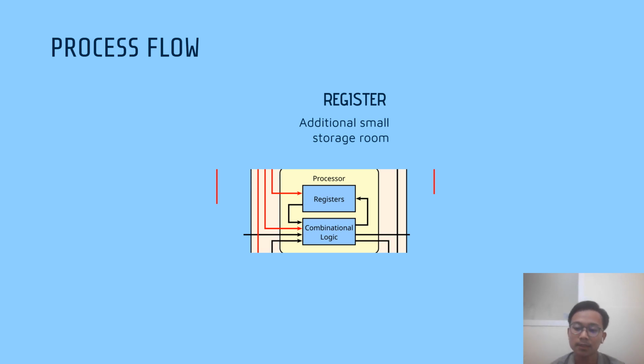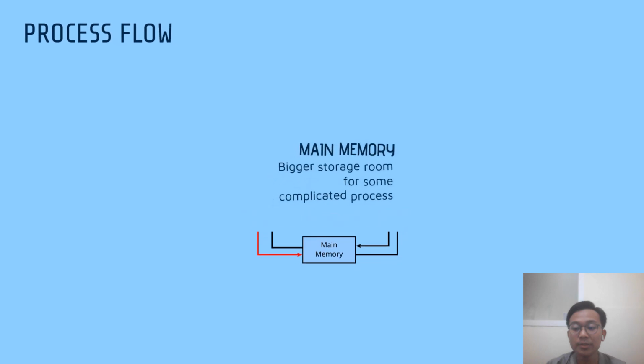So think of registers as an additional small storage room. This is because the register is relatively small. But there is a bigger one, named main memory. This is for some complicated processes that won't be enough if we just use registers.